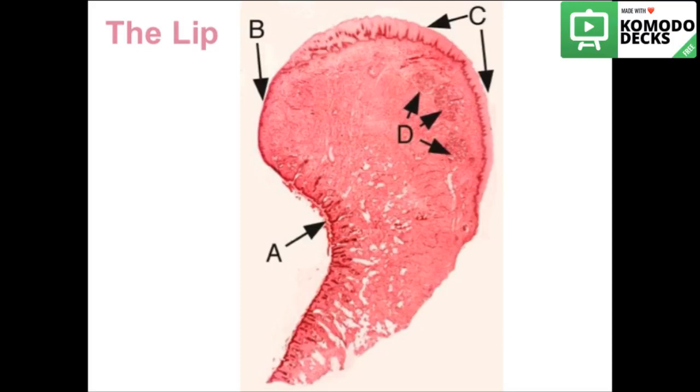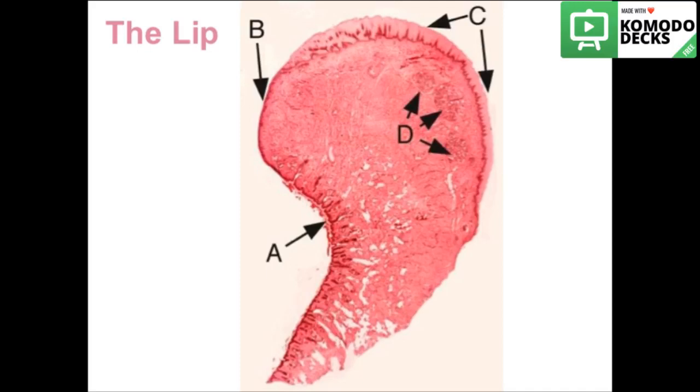So here we have a thick epithelium which is keratinized as shown in the arrow, the keratin layer, and has many appendages, skin appendages. So this is the skin part.